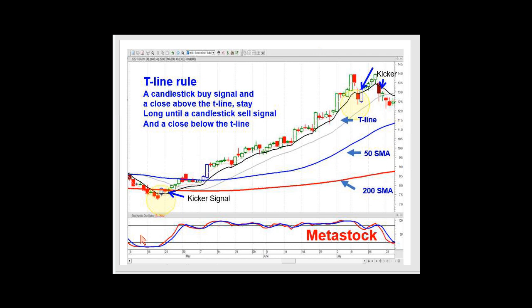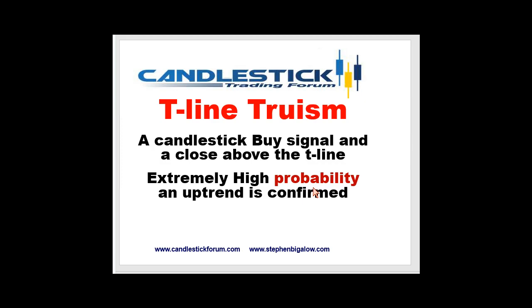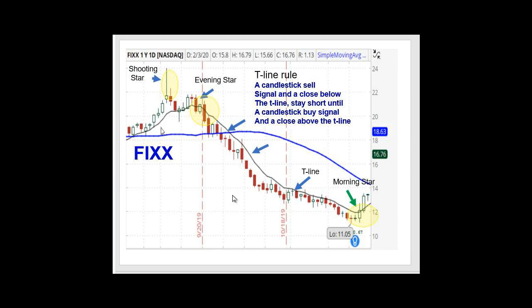So this T-line rule has one strong aspect to it, and that is that if you see a candlestick buy signal and a close above the T-line, again, I stress this word, you have an extremely high probability an uptrend is being confirmed. Same scenario on the downside.